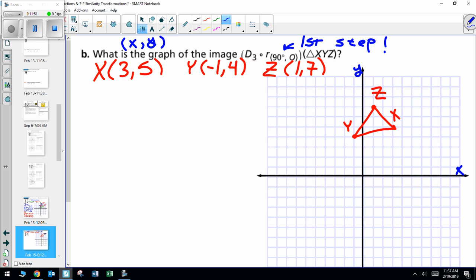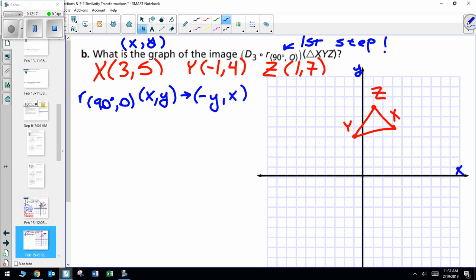All right. So, if I'm doing a rotation of 90 degrees about the origin, that rule said, since we're going counterclockwise, I'm flipping my x and my y and making the y opposite signs. Okay, that was the rule we had for rotations.